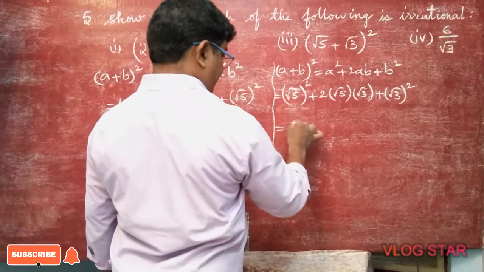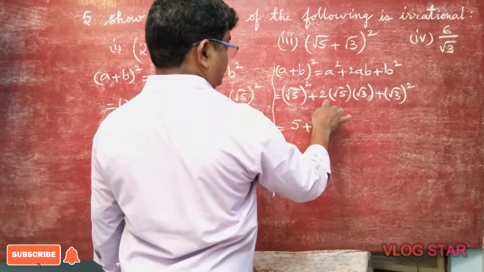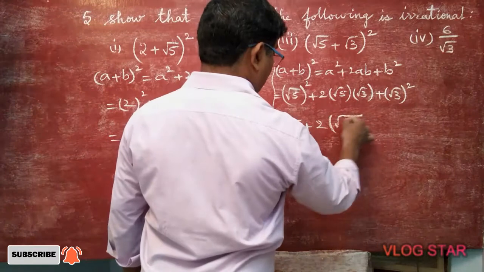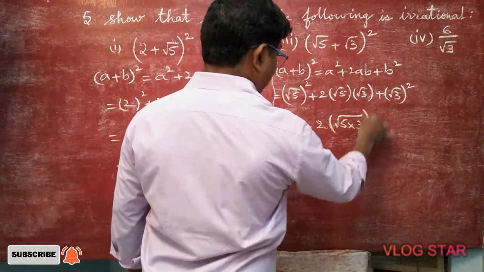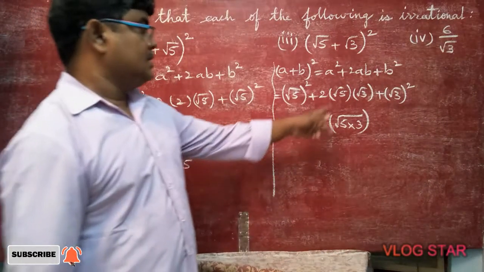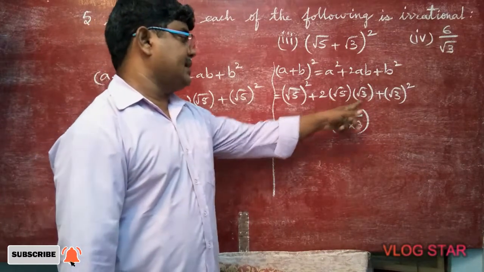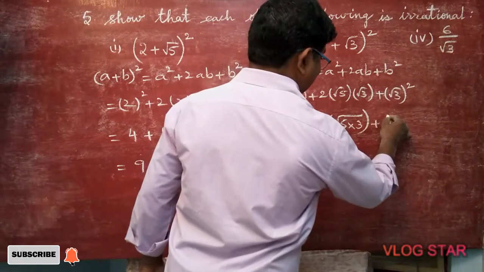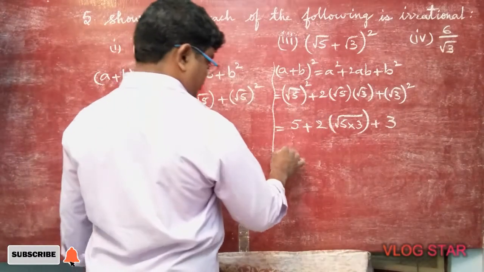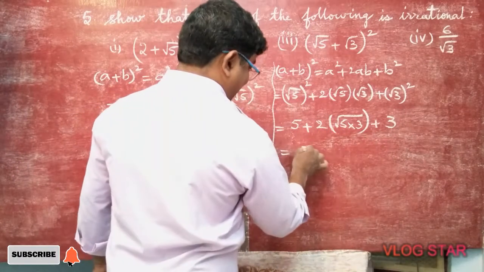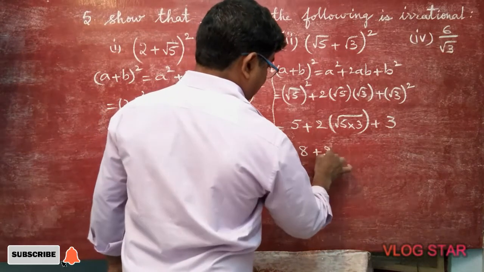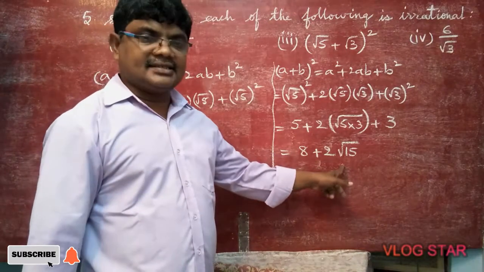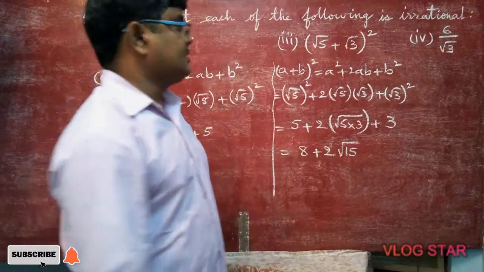Root 5 into root 5 is 5, plus 2 into root 5 into 3. Why root 5 into 3? Same order, second order, second order, so we can multiply. Plus root 3 into root 3 is 3. Now 5 plus 3 is 8. 8 plus 2 root 15. Again we are seeing one irrational, so this is also irrational.